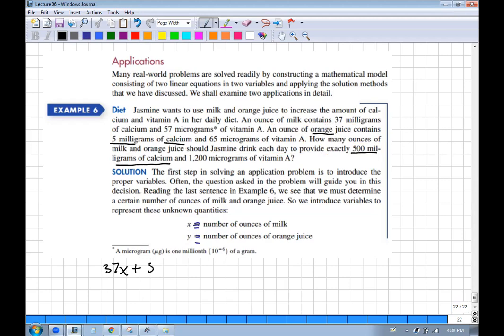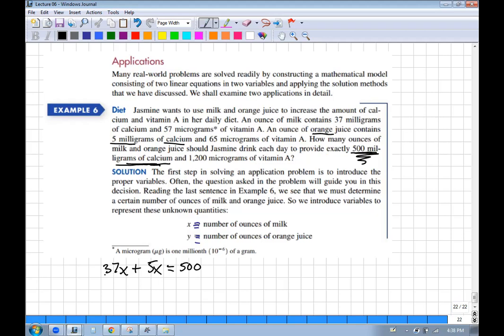So we'd have 5 milligrams times the ounces of orange juice, right? X here is number of ounces of milk. So if we take the calcium from milk and the calcium from orange juice, we need to get exactly 500 milligrams of calcium.